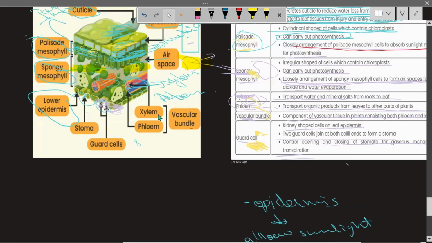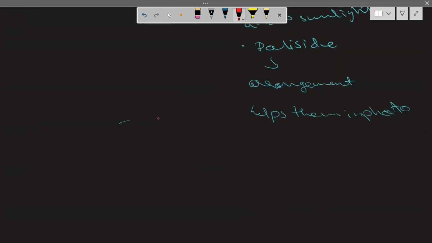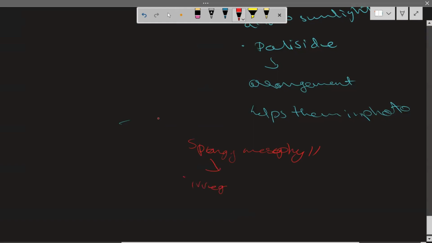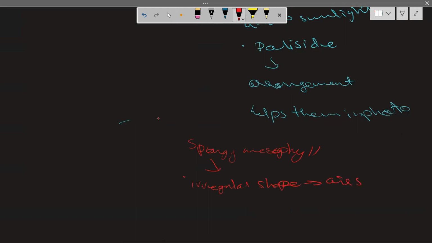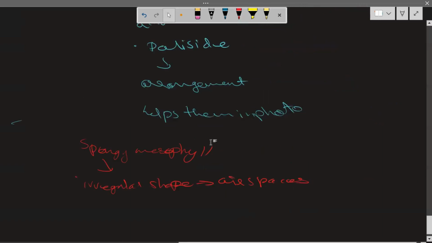So now what's the third point? What's the third thing in this leaf structure? It is the spongy mesophyll cell. How are they adapted? Their irregular shape produces air spaces, right?